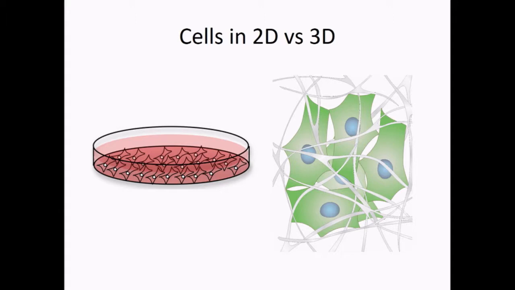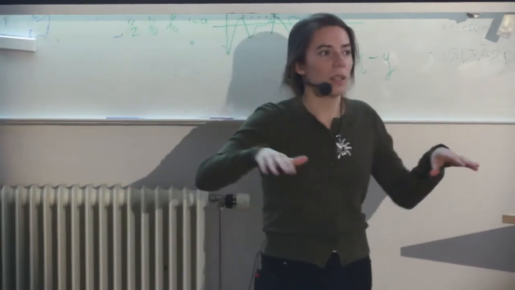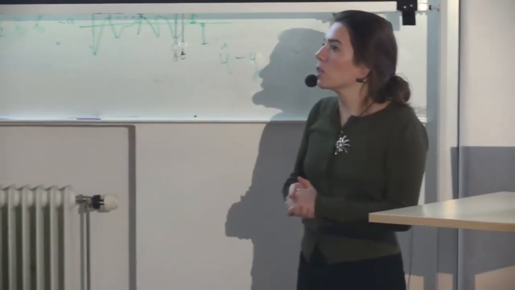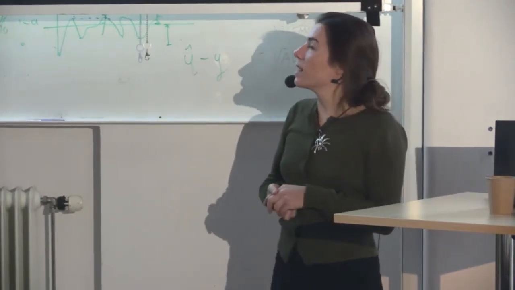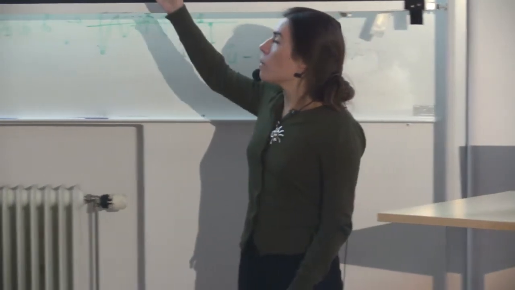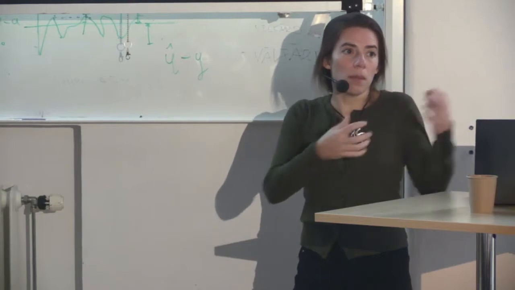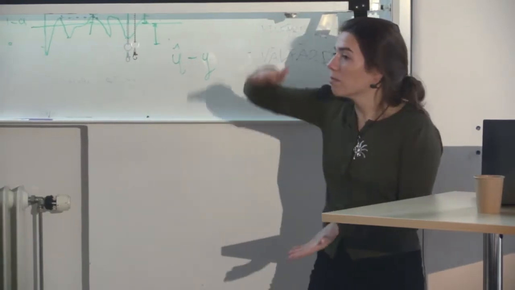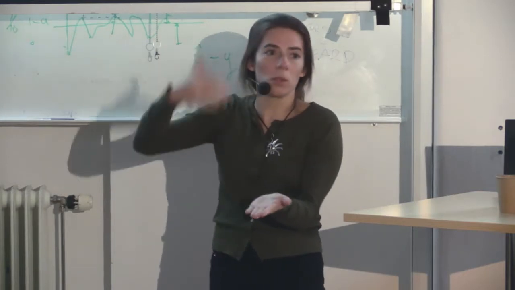So it's actually very unnatural to grow along something hard and flat and not be in connection with each other. And in the body, the cells are growing in this extracellular matrix, which is more like a network where the cells have more contact with each other and with the matrix, and are not forced against something flat and hard with the upper part exposed to just liquid.